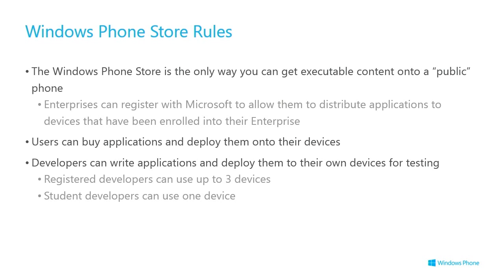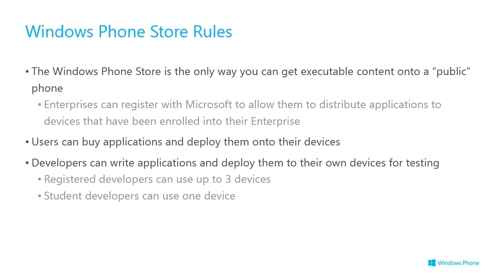The exception to that rule is enterprises who have registered as enterprise publishers who are publishing their own applications. But even those have to be digitally signed with the enterprise's own digital signature, and the phones that receive it have to be enrolled into that enterprise. And Rob will be talking about that a little bit later on.